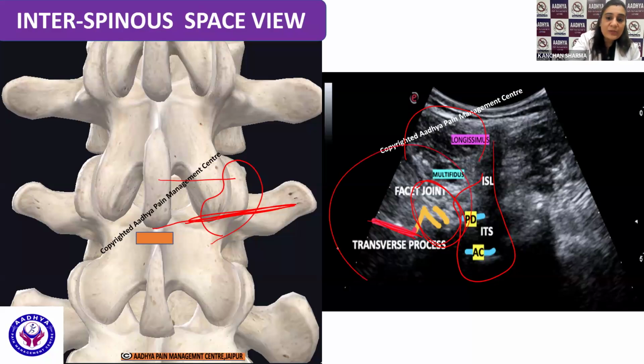Now, this view is also very important because since it's a basic course, and spine interventions are advanced level interventions, the lumbar we just call the intermediate level of intervention when it comes to ultrasound. So at least you can go for the diagnostic block of the medial branch, which you will be learning, I think, in the CM procedures from the next class. But for today's lecture, I will just tell you that this medial branch will be somewhere here.